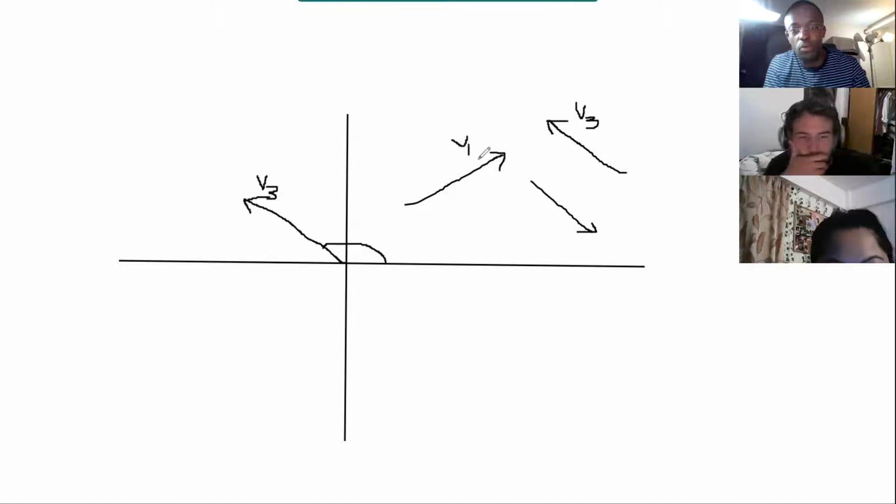If you want to know towards which quadrant a vector is pointing, translate it until its tail touches the origin. Move it parallel to itself, that's what it means to translate it, until its tail touches the origin.